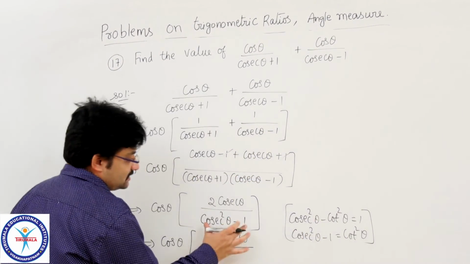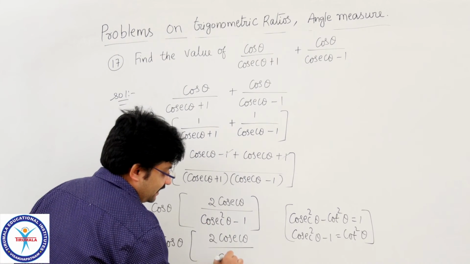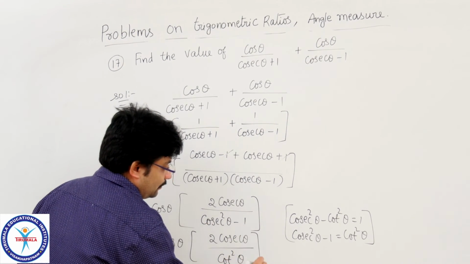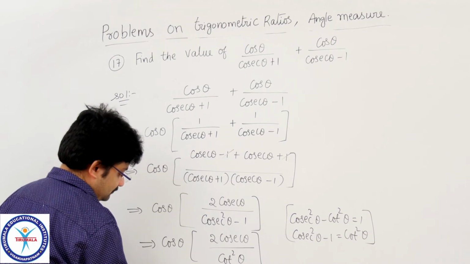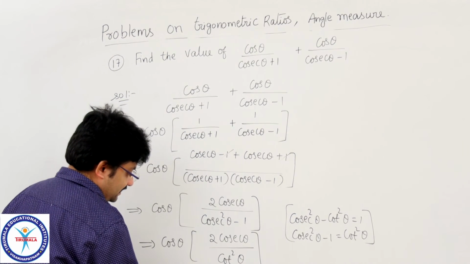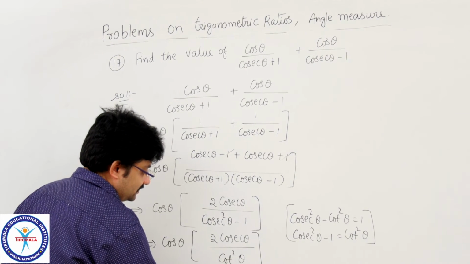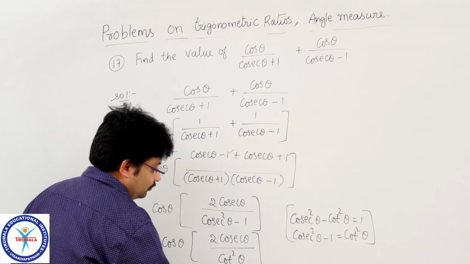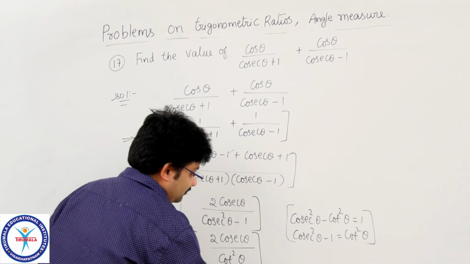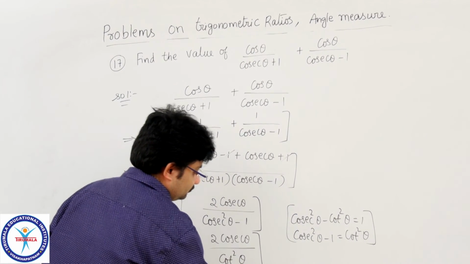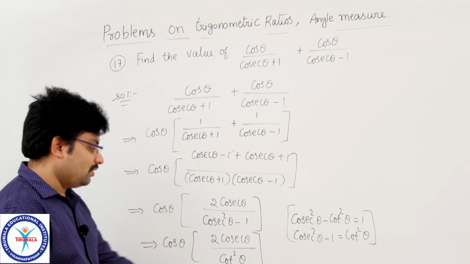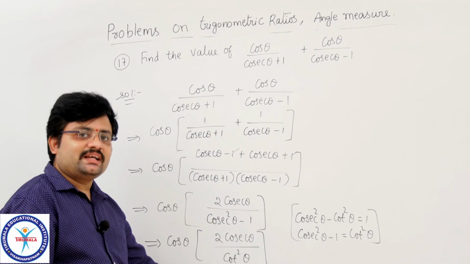So, instead of cosecant square theta minus 1, I will write this as cot square theta, that is cos theta into 2 cosecant theta into 1 by cot square theta. 1 by cot square theta, the reciprocal of cot is tan.